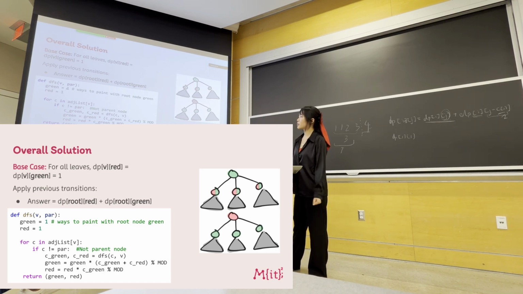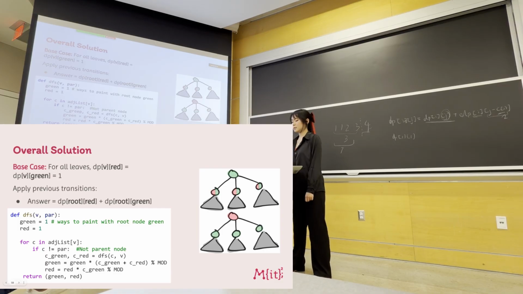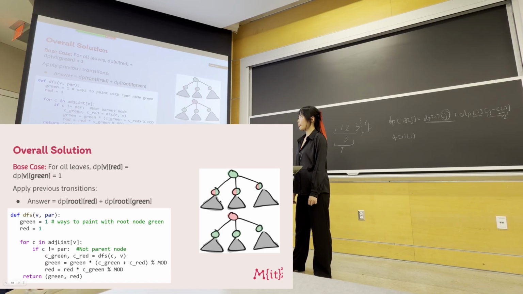So we start off with green as 1 and red as 1, which would be our base case. For C in the adjacency list, we make sure that C isn't the parent node, because we don't want that. We only consider the children, basically. And we set C green, C red to be DFS(C, V). For green, we multiply it by C green plus C red, because if you're green, you can have both green and red children.